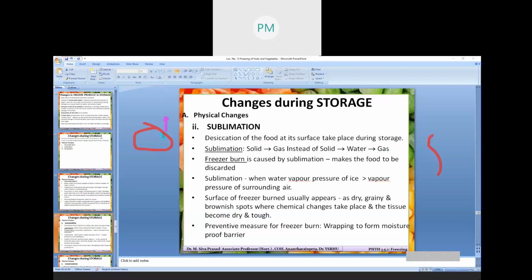This ice component directly converts into vapor. As a result of the conversion of this solid ice into vapor, it leaves a scar, a blemish, which will lead to damage to the tissue, right? So that is about sublimation.